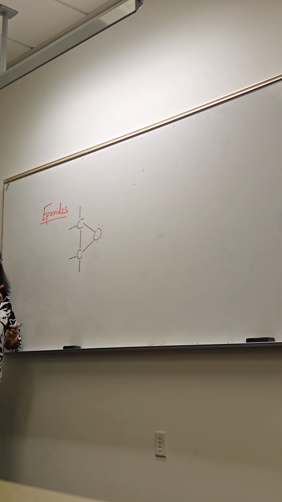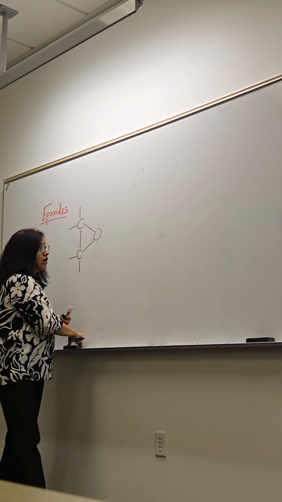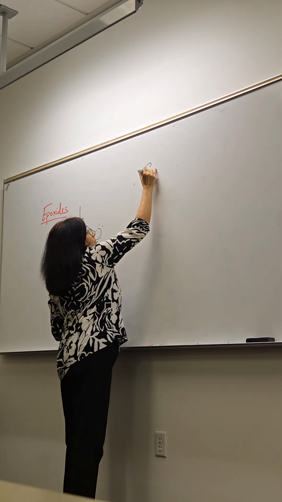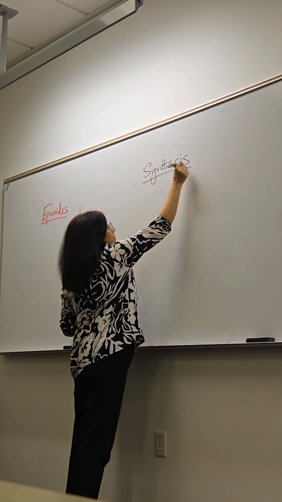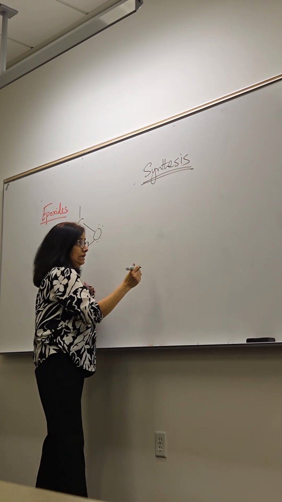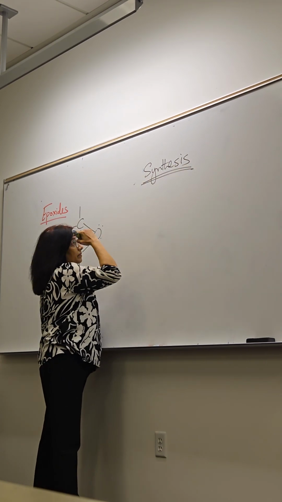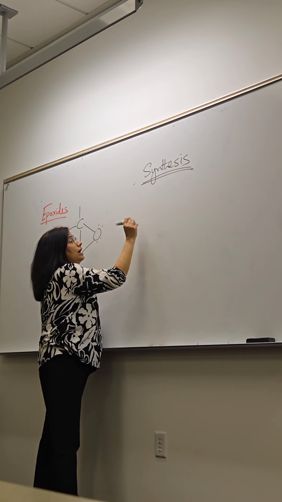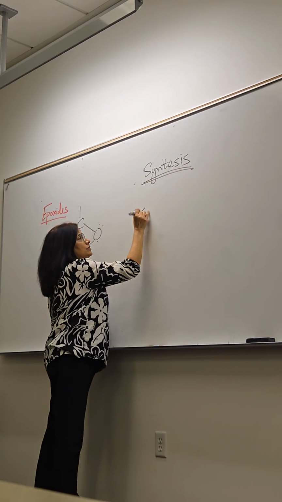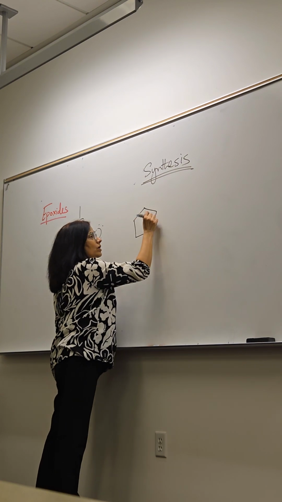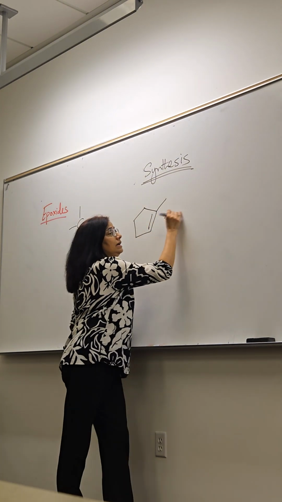What do we make epoxides from? We use an alkene and we react it with MCPBA. Let's choose a specific example: 1-methyl cyclopentene.